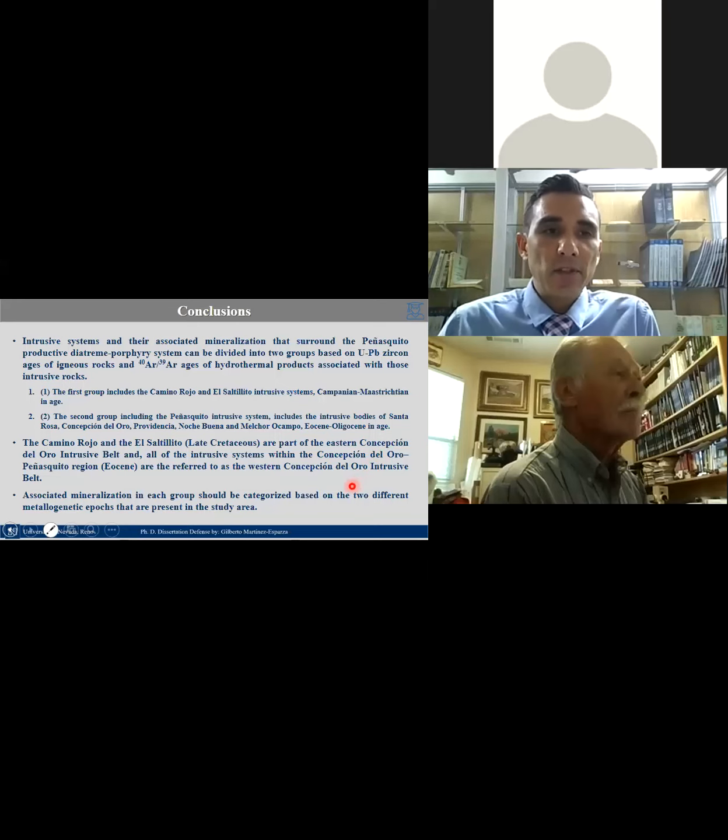So the Camino Rojo and El Saltillito are, as I mentioned, part of the eastern portion of the Concepción del Oro intrusive belt, whereas the rest of the localities are included in the western portion. So the associated mineralization of those igneous centers can be categorized based on two different metallogenetic epochs present in the study area.